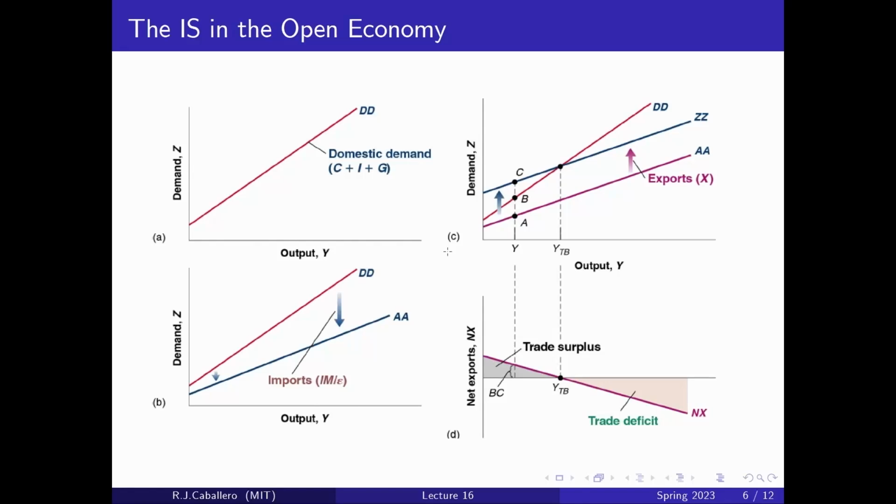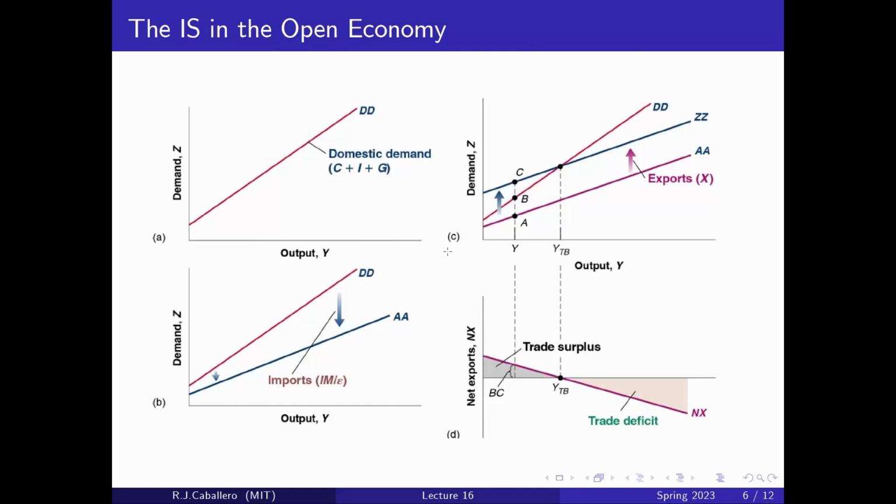And in a closed economy, we had a 45-degree line here, and we said in equilibrium output equals demand, and therefore the intersection of this curve with the 45-degree line gave us our equilibrium output. That's what we had.